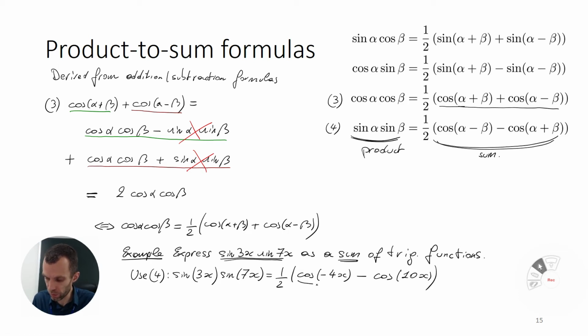And now we can simplify just a little bit more. This is cosine 4x because of the even odd property. So this whole expression then becomes 1/2 cosine 4x minus cosine 10x.